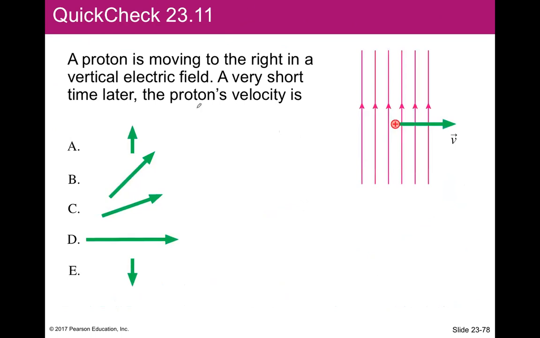So which direction is the velocity? Which one? So C is right. But in this example, if you choose B, I'll also give you credit.